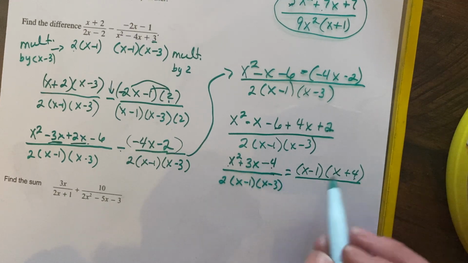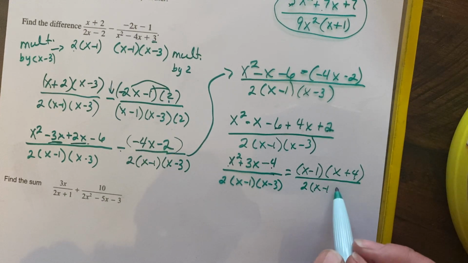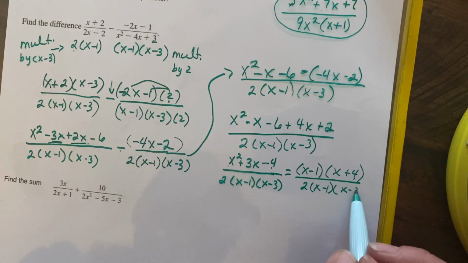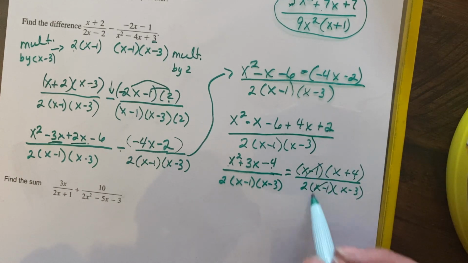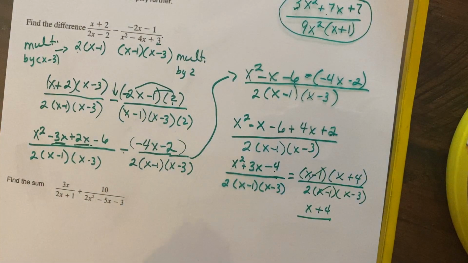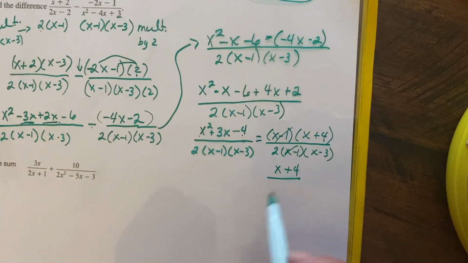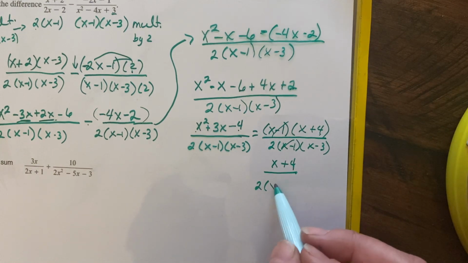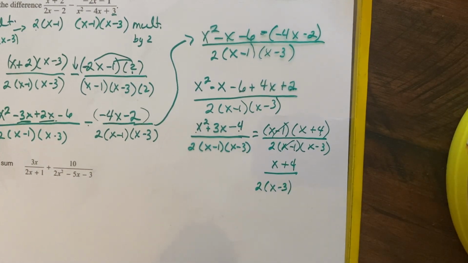When you add them, they give you 3. You see a repeating factor. So we can go ahead and get rid of that. X plus 4 is left in the top. 2 times x minus 3 is left in the denominator.